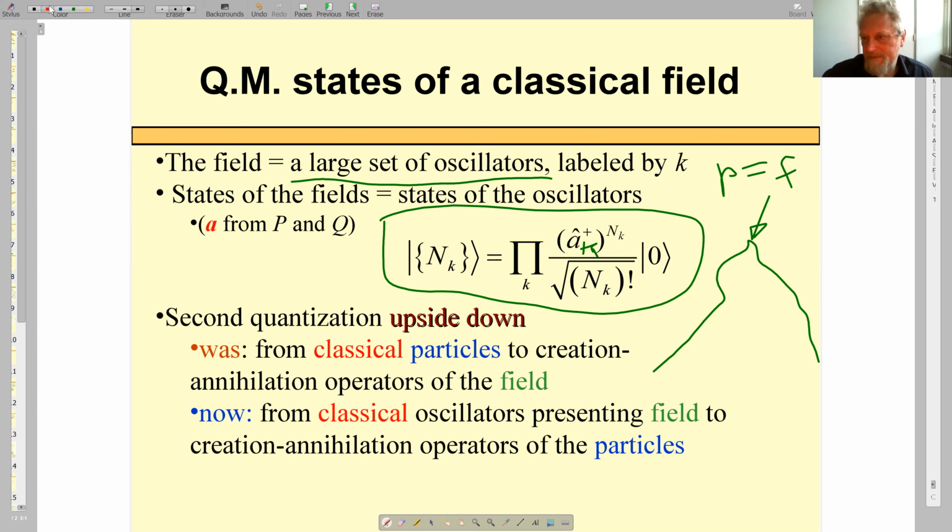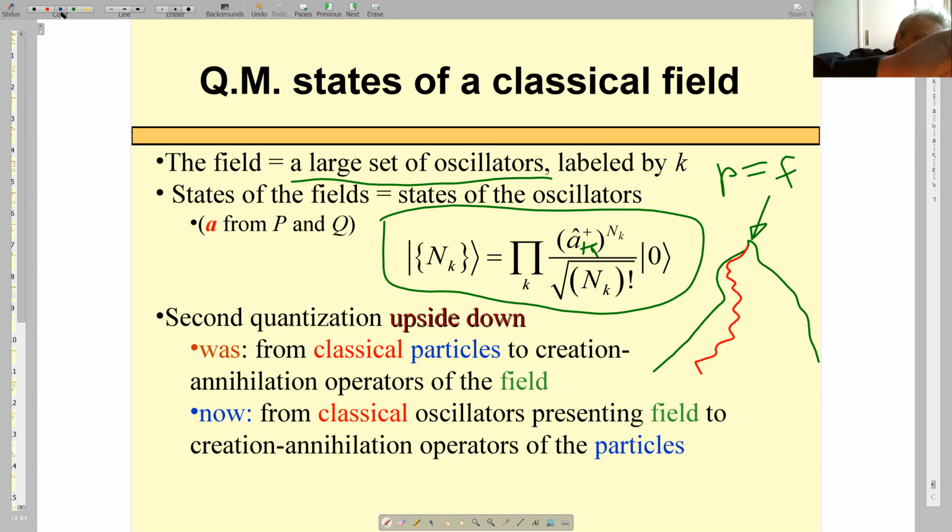The first road started with particles, where we figured out what creation and annihilation operators are, and after that, the system has become a field.